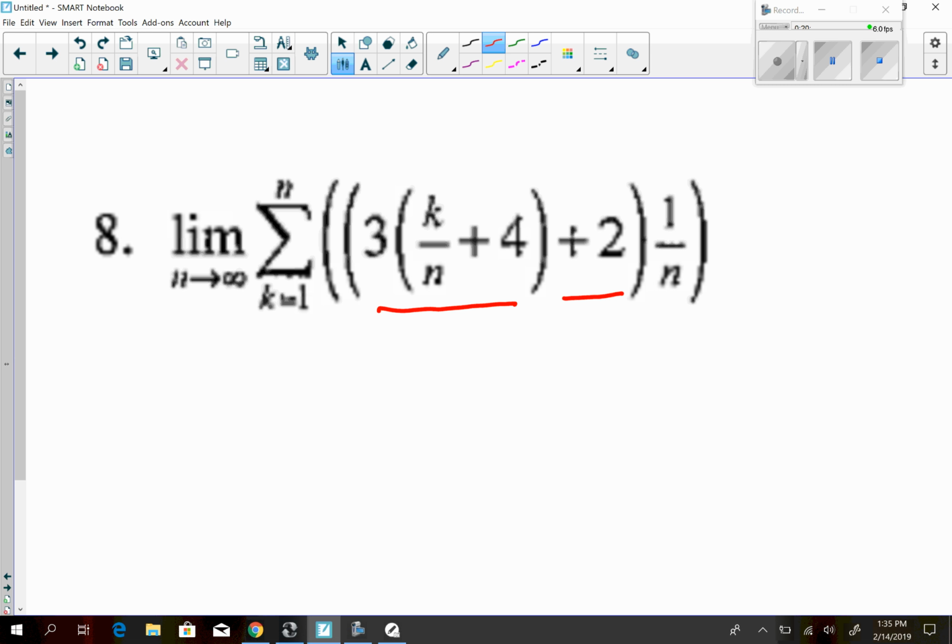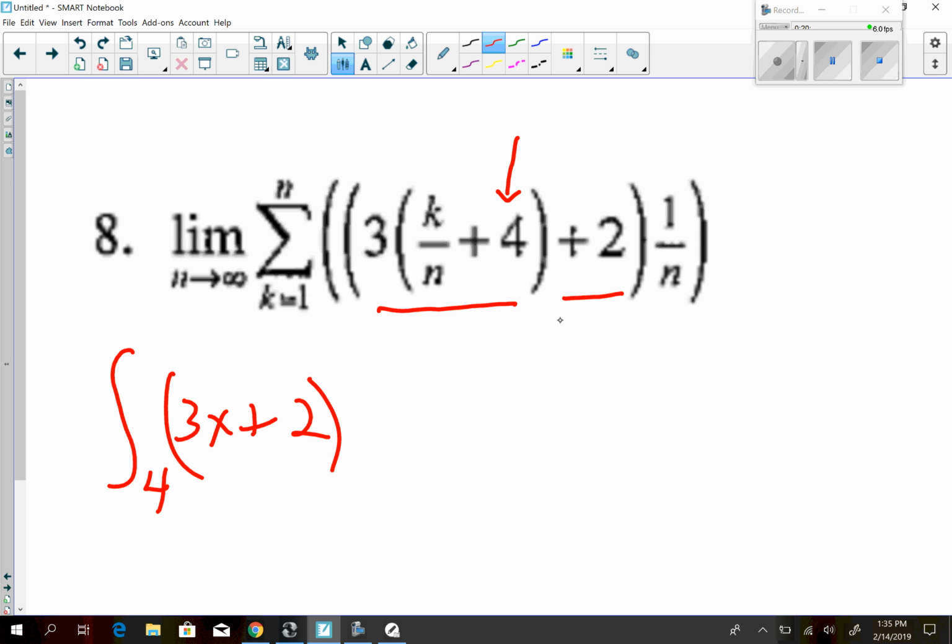And that's going to be the starting x value. I'll explain all this in a minute. So starting at x equals 4, I'm not sure the ending yet, but I'm guessing the function is 3x plus 2.